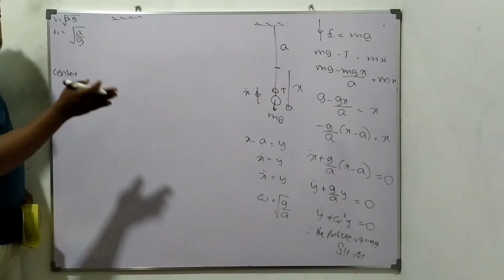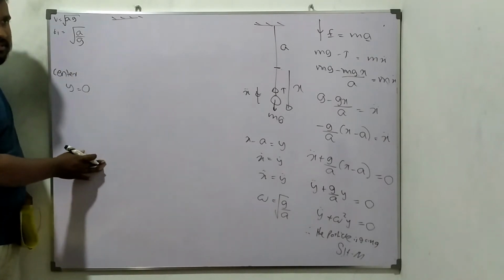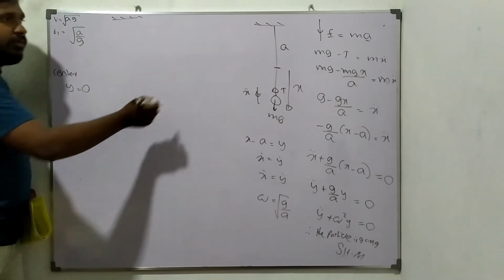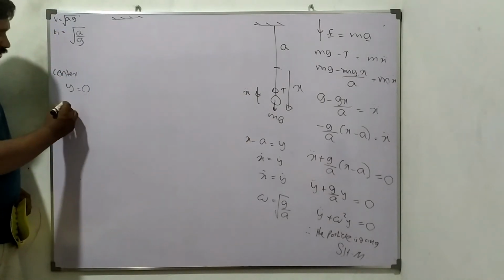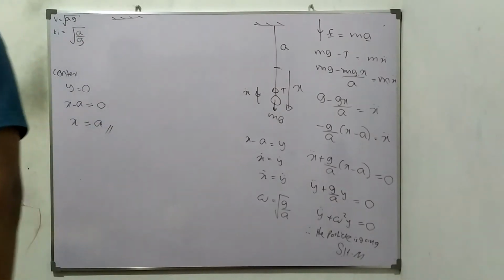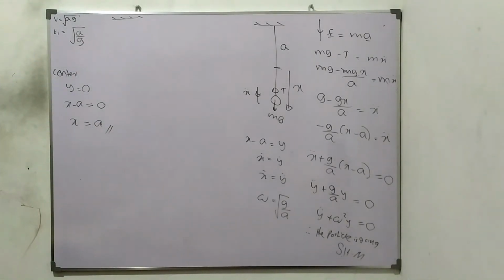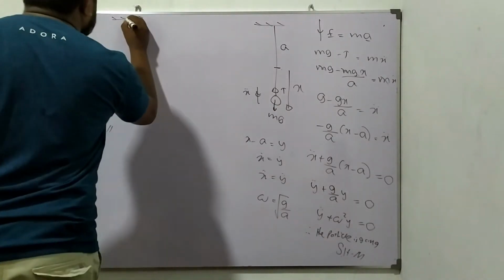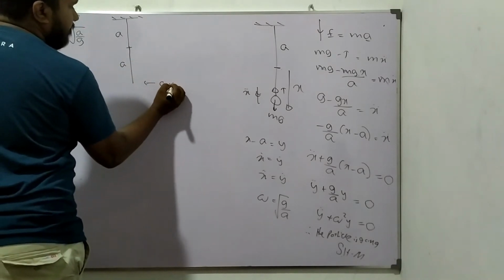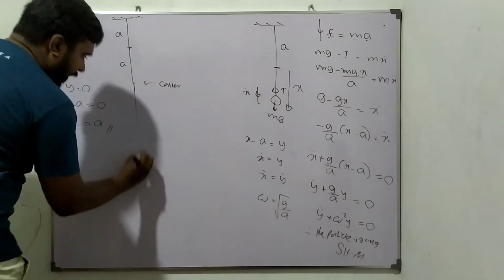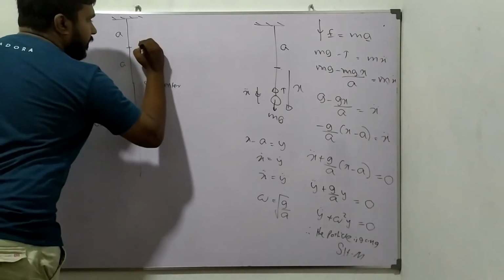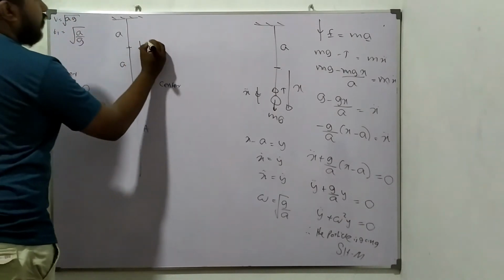So y is the real variable to calculate the distance of the simple harmonic motion of the particle, but actually x means the extension from the natural length here. So y equals 0 means x minus a equals 0, so x equals a. Then we can draw it: a natural length, another a, and this is the center. How to find the amplitude? At this particular point the velocity is root ag.